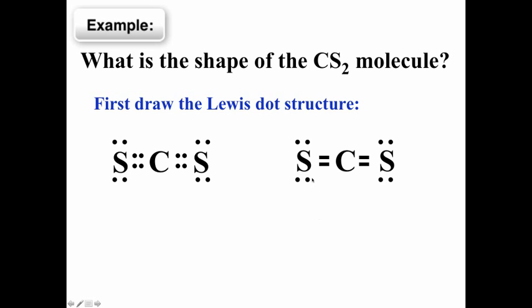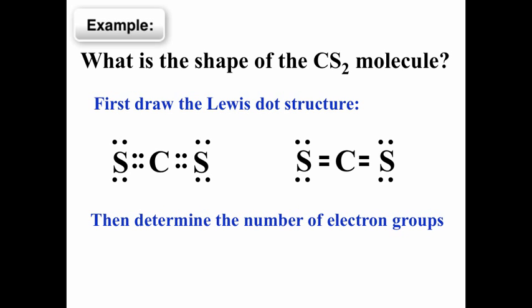And now, if we determine the shape of the molecule, we want to first of all find out how many electron groups there are. And in this case, there are 2 electron groups. And note that a double bond counts as 1 electron group. So this is a group of electrons, there's a second group of electrons, and we only worry about electrons that are around the central atom.